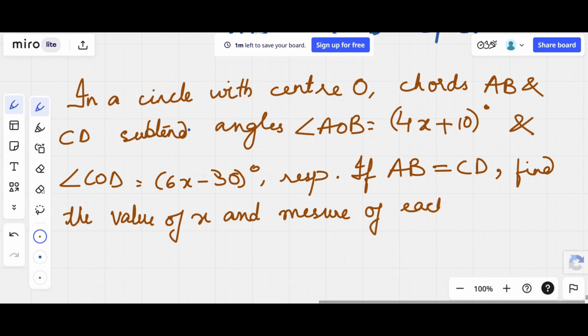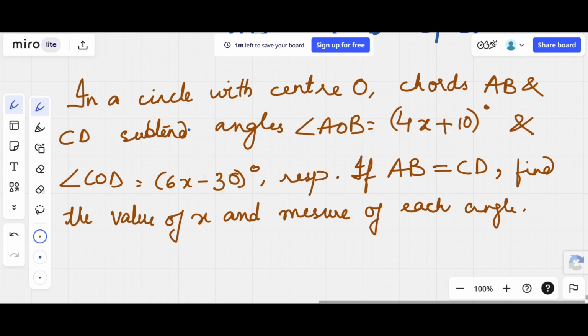And angle COD equal to 6x minus 30 degrees, respectively. We are supposed to find angle COD and angle AOB.